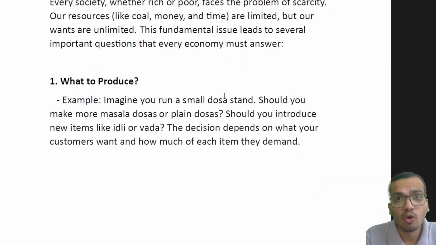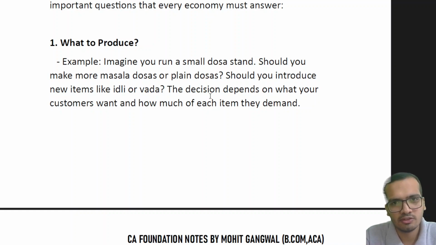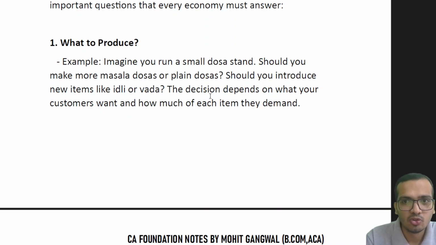First, what to produce? Example, imagine you run a small dosa stand. Should you make more masala dosas or plain dosas? Should you introduce new items like idli or vada? The decision depends on what your customer wants and how much of each item they demand.